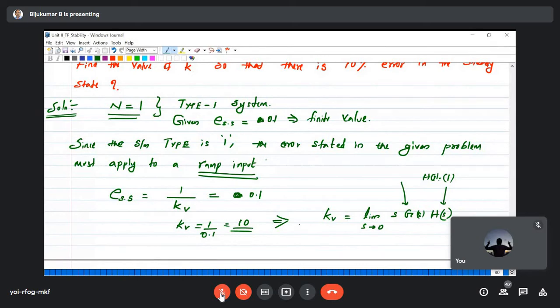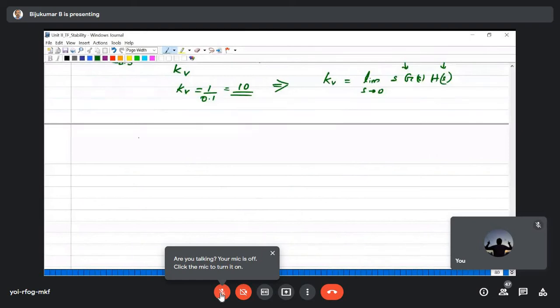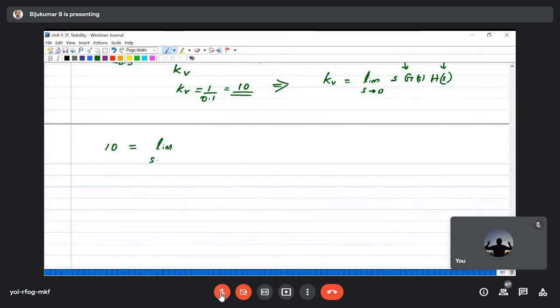So we can write Kv is given as 10. So 10 is equal to the limit s tends to 0 of s multiplied by G(s), which is K(s plus 5) divided by (s plus 6)(s plus 7) multiplied by (s plus 8).